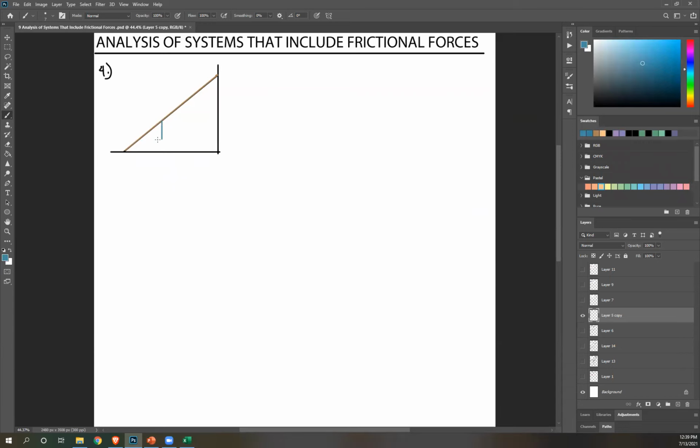So here, somewhere here, this is the weight of your ladder, and that's 18 kilograms. And then here. So 2.4.